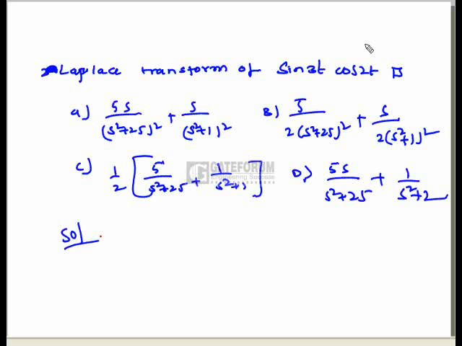The question is to find the Laplace transform of sin 3t cos 2t. Right, so here options A, B, C and D are given.